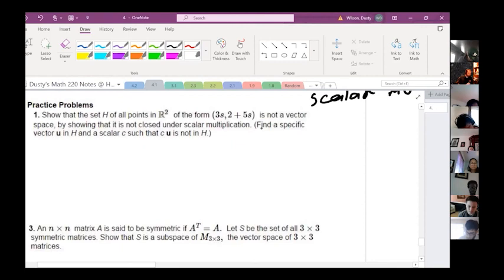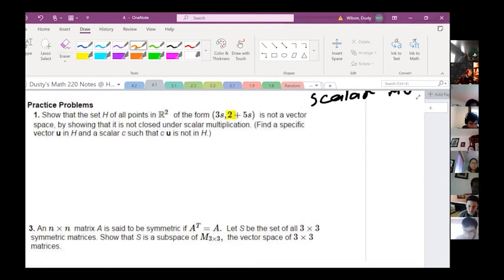That is, find a specific vector u in H and a scalar c such that cu is not in H. And I want to point out that 0 is not in the space either because of this 2 that's here. That 2 is kind of weird.